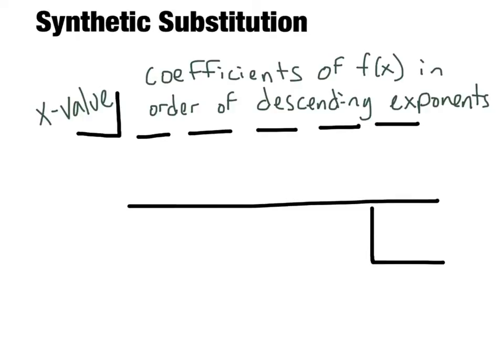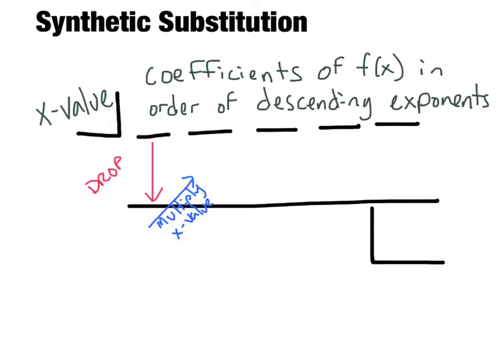Okay, and then this is how it works. You'll drop your first term down. Then you'll multiply by the x value. That'll give you your next term.